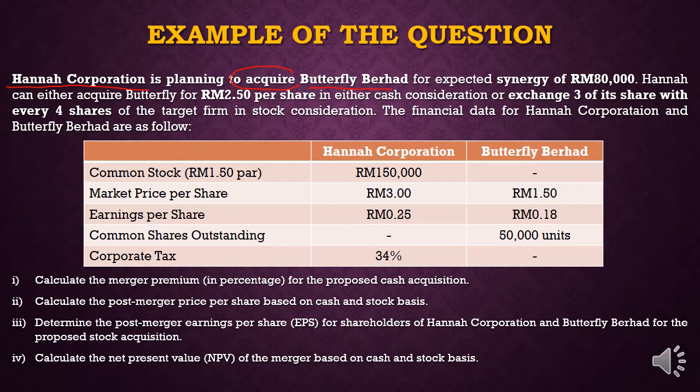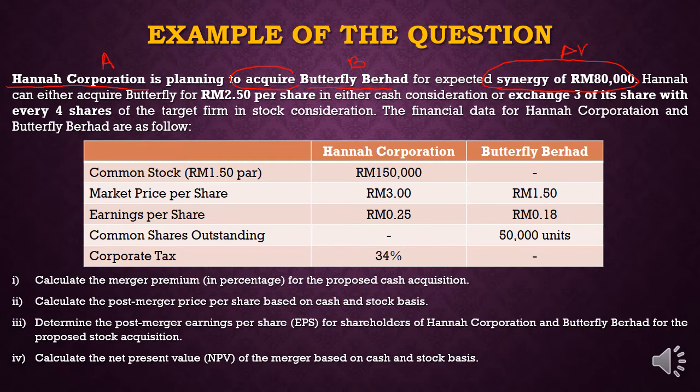So the Hana Corporation is the acquiring company, represented by A company, and Butterfly Berhad is the target company, represented by B. So Hana is A company and Butterfly is B company. Based on the statement also, the expected synergy is 80,000.